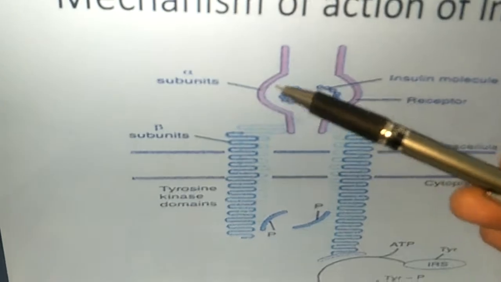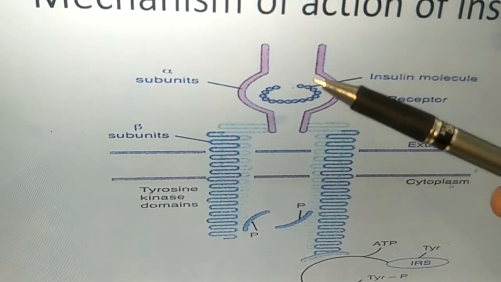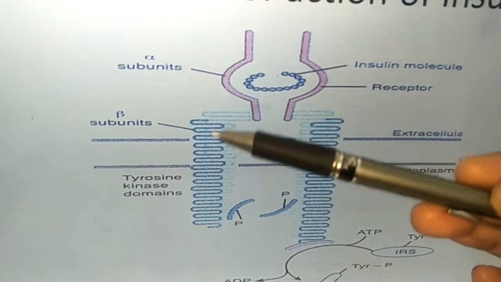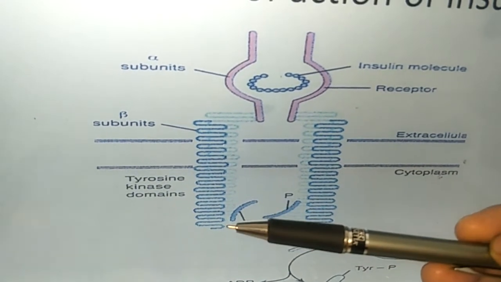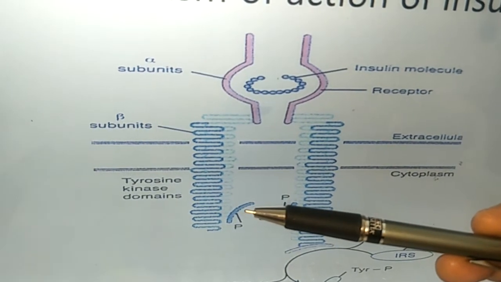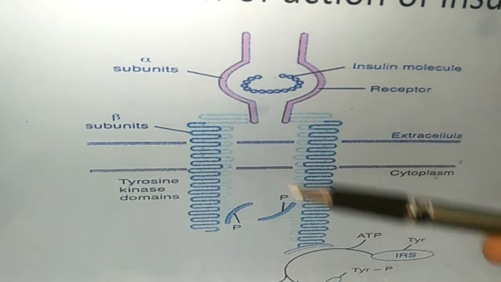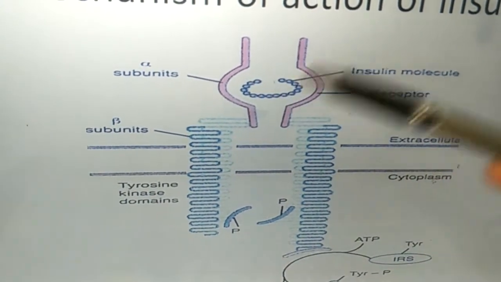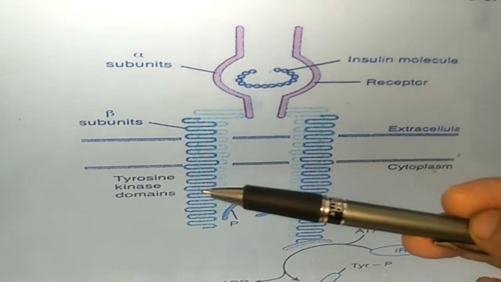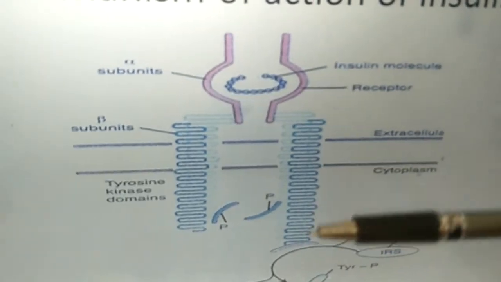So this alpha subunit is extracellular for binding with the hormone insulin, the ligand binding domain, and there is a beta subunit, which is the membrane spanning subunit and has the tyrosine kinase domain, and these exist in dimers. Two receptors are lying close by. Hetero means each receptor has two subunits, alpha and beta, and dimer means two receptors exist together nearby.